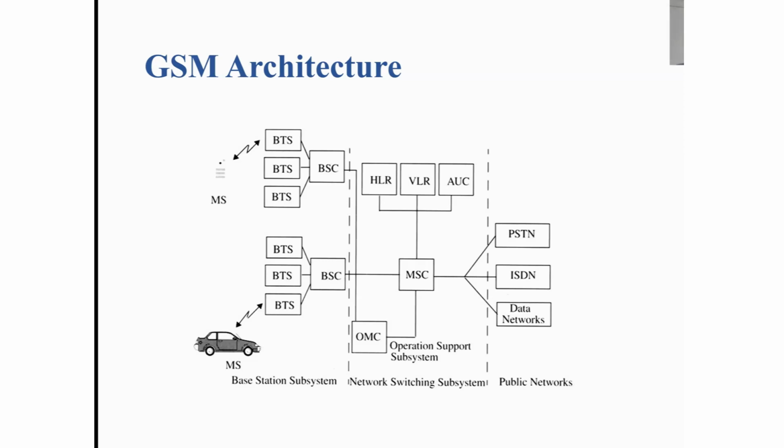If he does not belong to the home MSC, then it will look for the VLR. From the VLR information, it will find out where the actual user belongs. Then it will forward it to the user's home MSC. From the home MSC, the process is the same as for the HLR. From the HLR, after that, it will authenticate the user and forward. If it is not authenticated, it will decline.